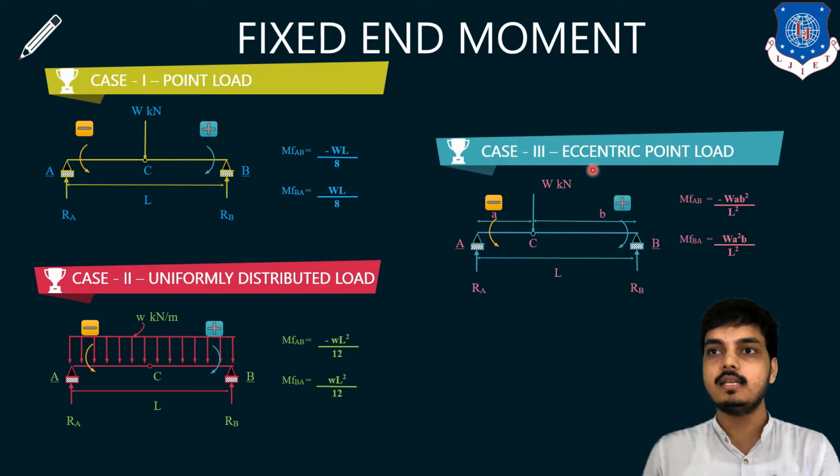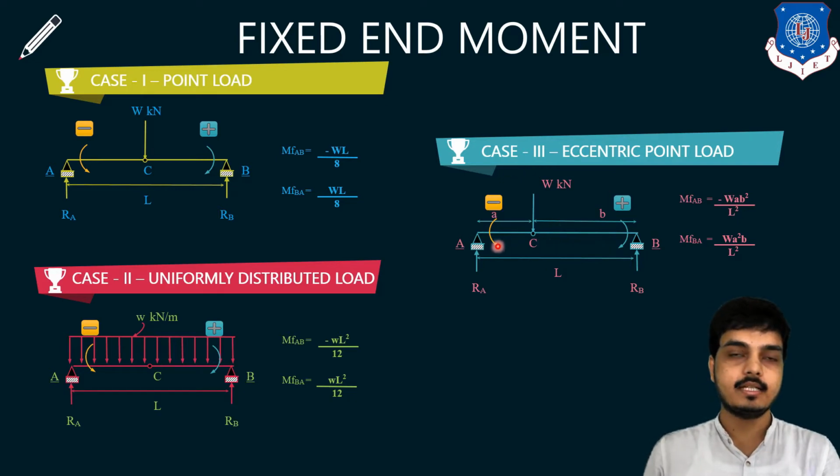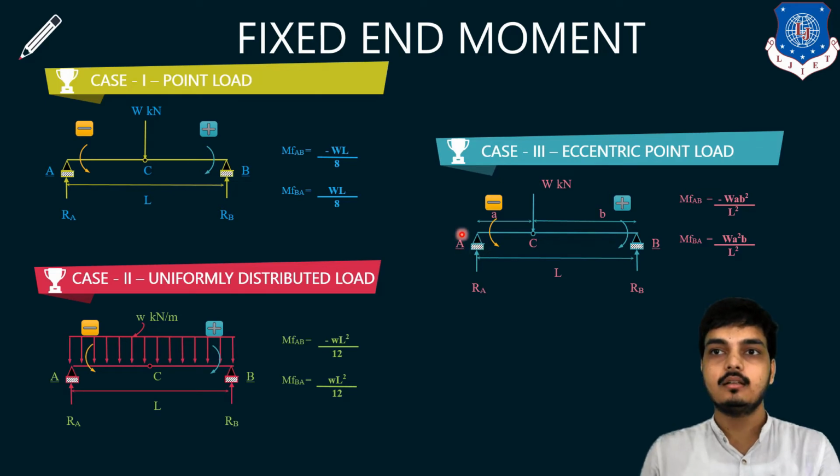Our case number 3 is the eccentric point load. In case 1, the load is given at the center, but in case 2, it is given not at the center but at some eccentricity. From capital A, the eccentricity is small a, and from capital B, the eccentricity is small b.